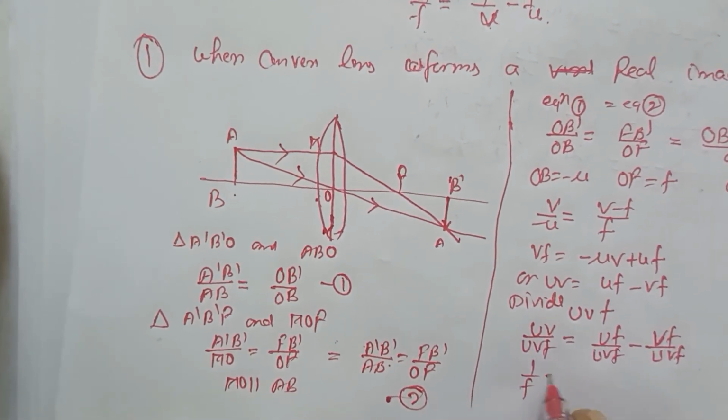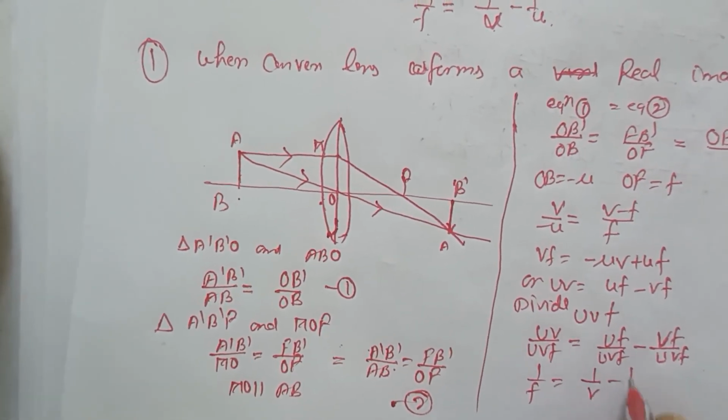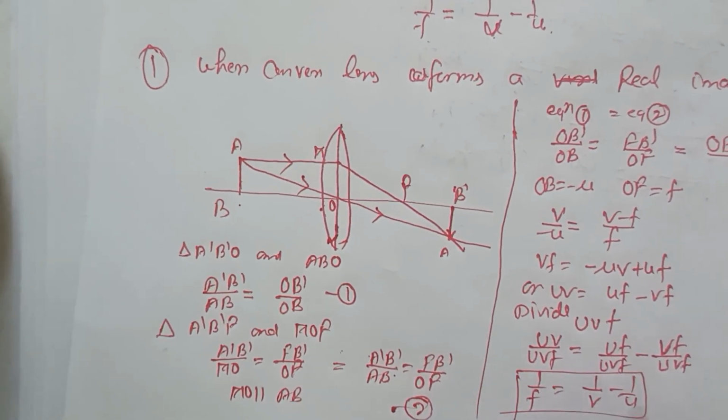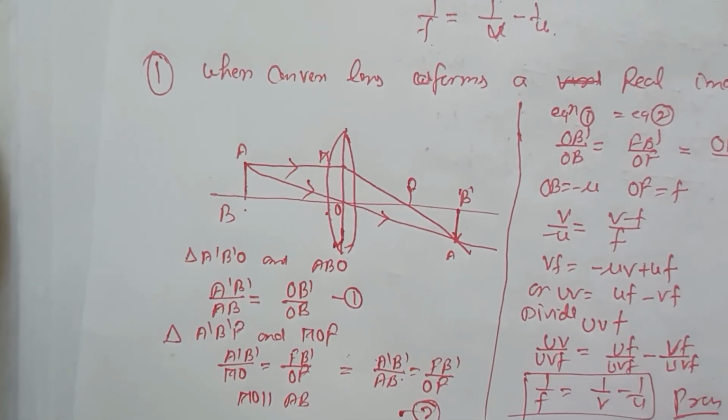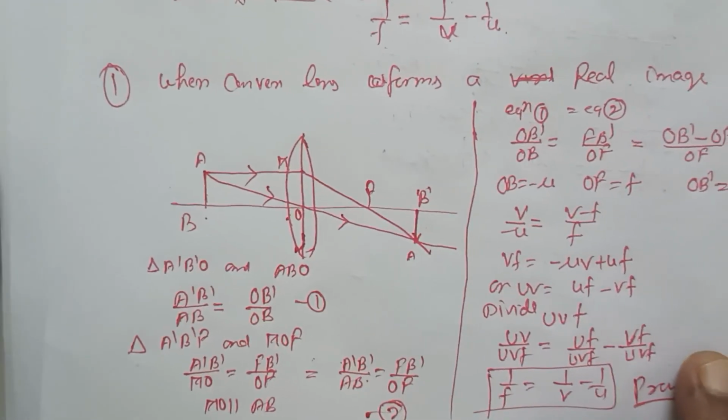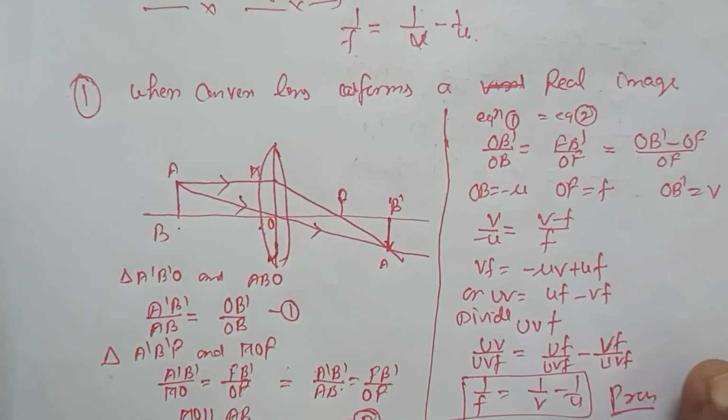That means 1 upon f equals 1 upon v minus 1 upon u. That's proved for a convex lens when a convex lens forms a real image.